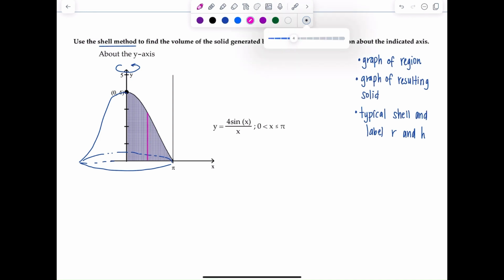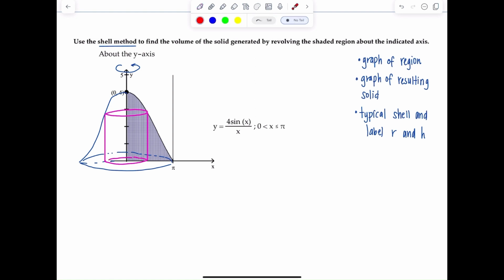I would like it a little chunkier. Okay, there we go. Then you're going to reflect that onto the other side. That's the height of your cylinder. Now, connect the two, draw the base and the top, and there's our cylindrical shell.